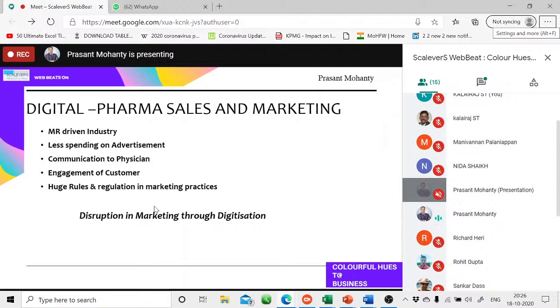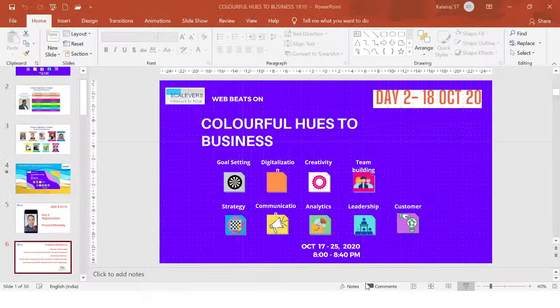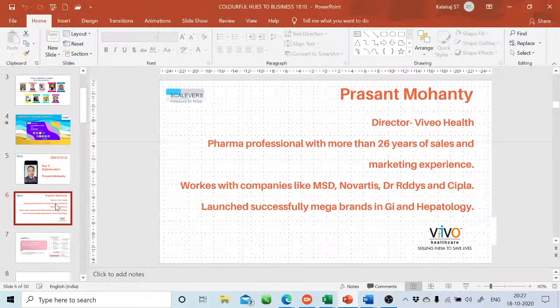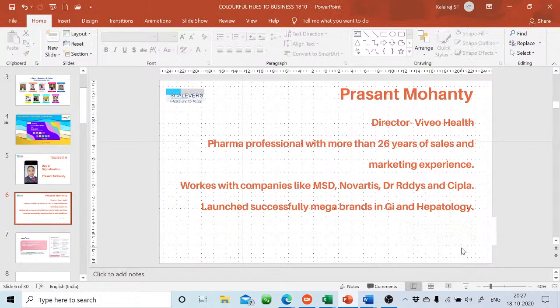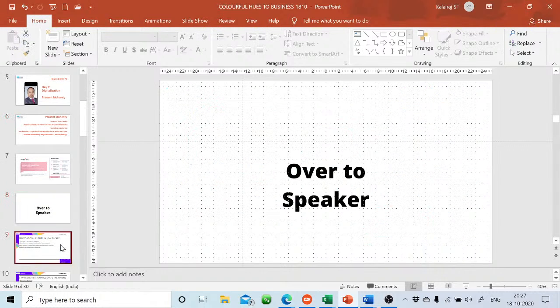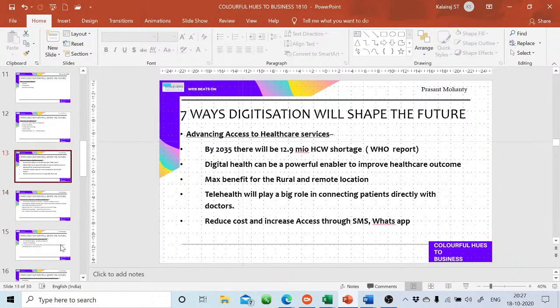Therefore there is a lot less spending, and communication to the physician is again limited. As I mentioned, it is only through the people or the MR, and that also really reduces engagement with the customers. When I talk about engagement, I will come to it in a little more detail. So the time is to look at disruption in marketing through digitization.